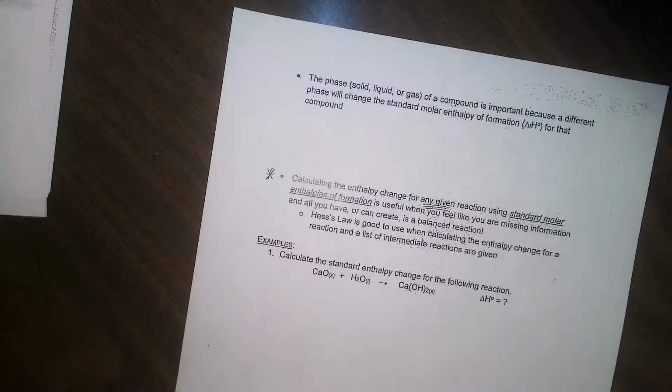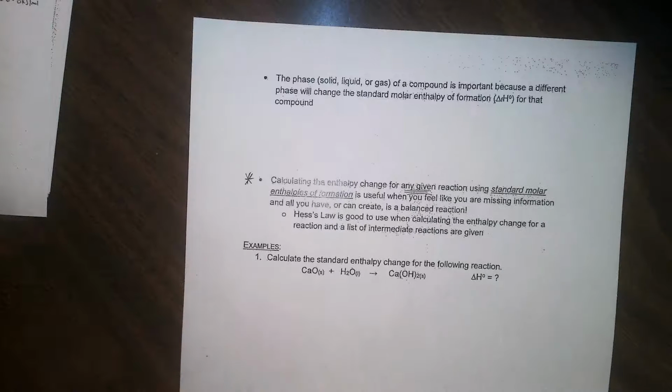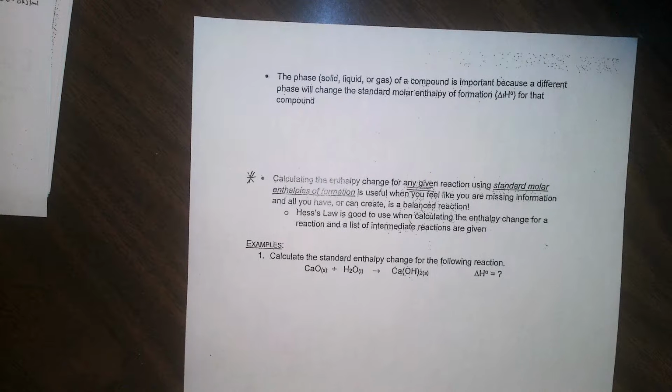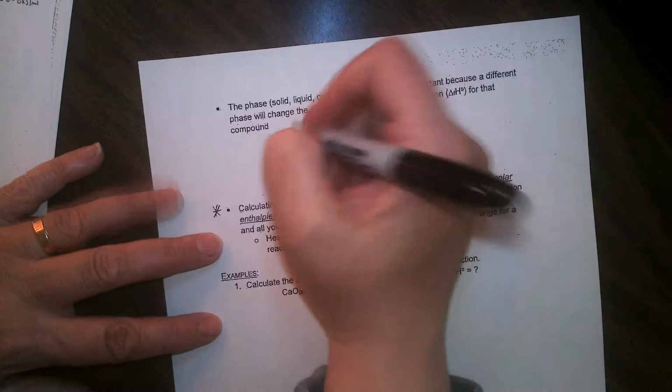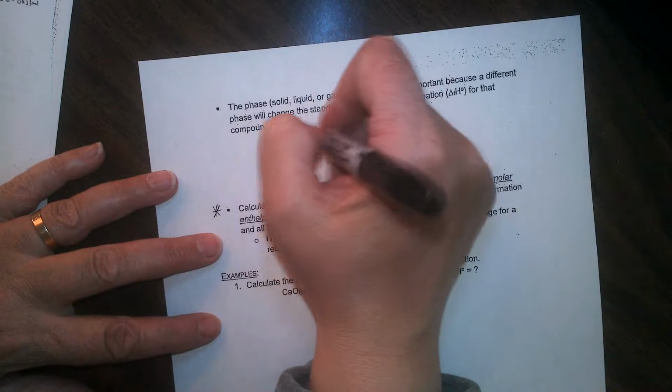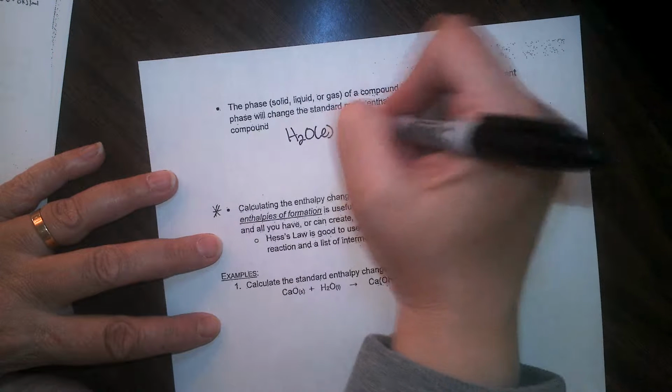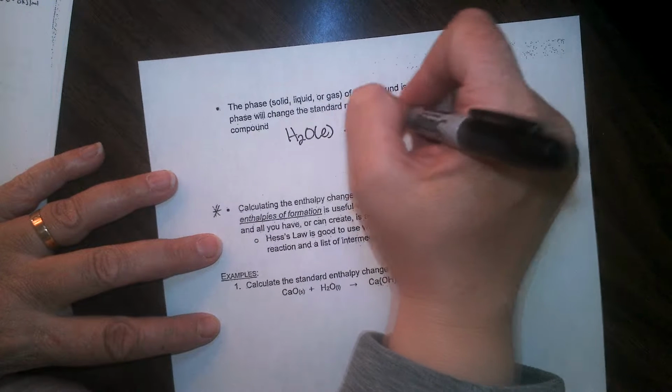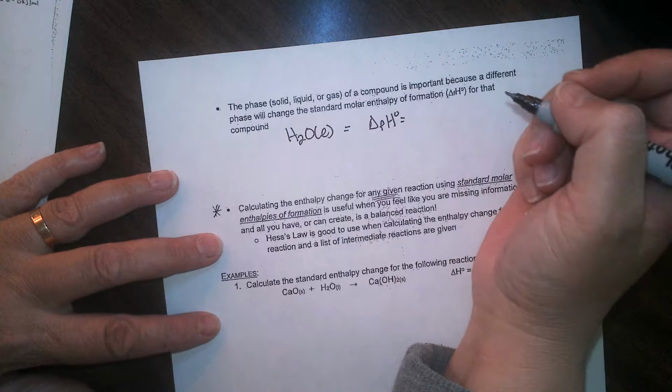Okay, let's look at this. The phase is also important. Look back at your data booklet, and what do you see? Look at water. There's liquid and solid. For water, there's liquid and vapor. And vapor meaning? So what is it if water is a liquid?